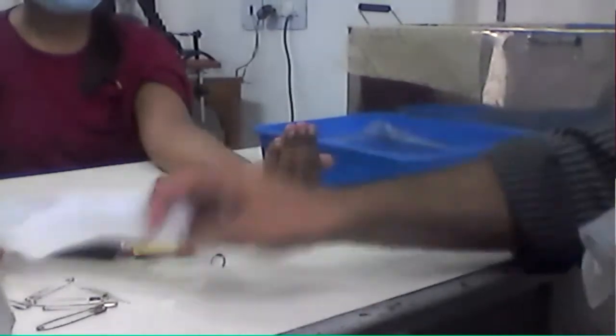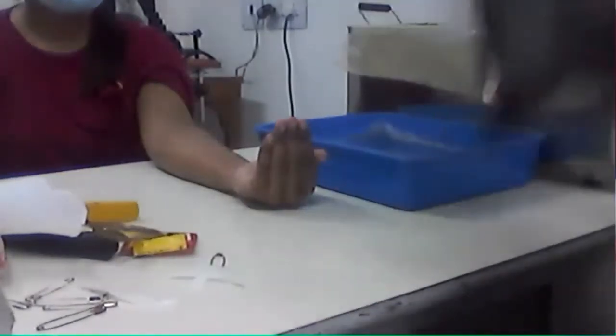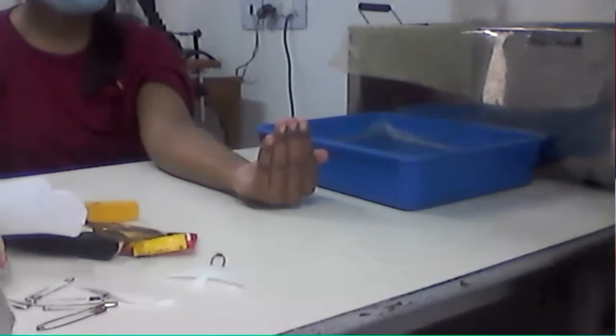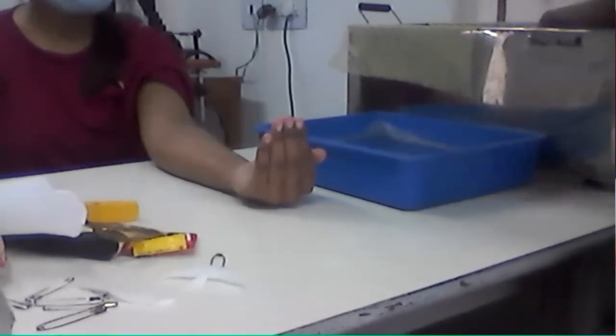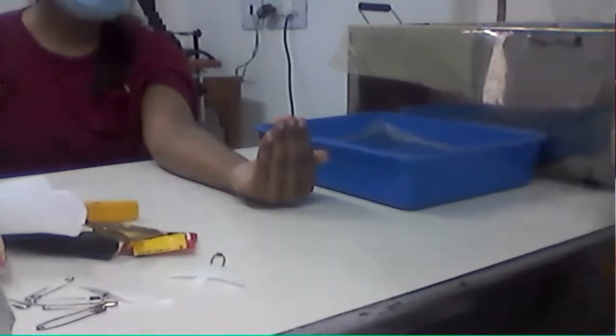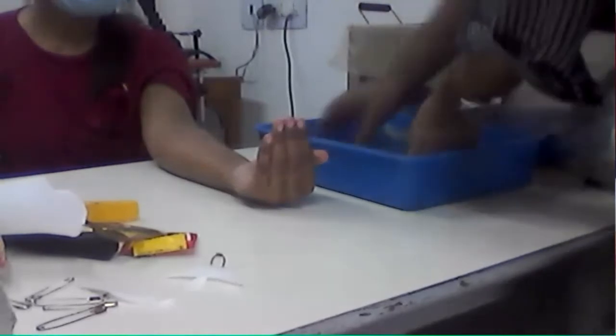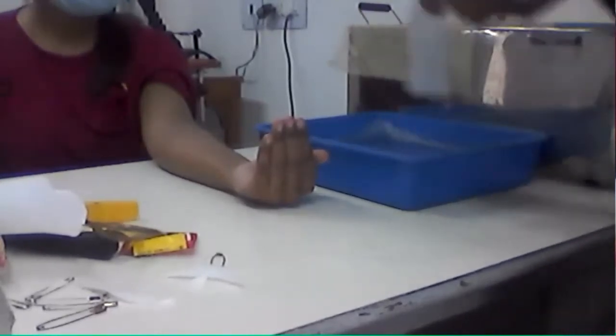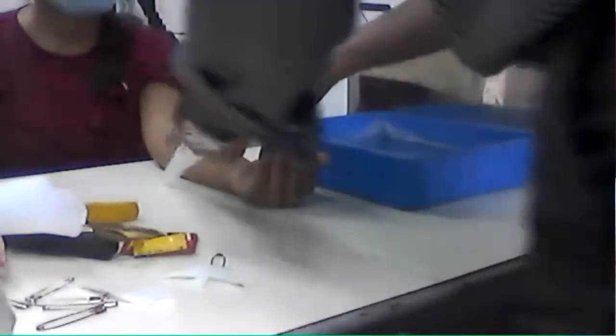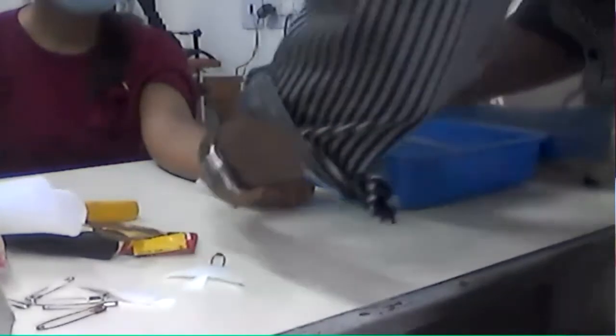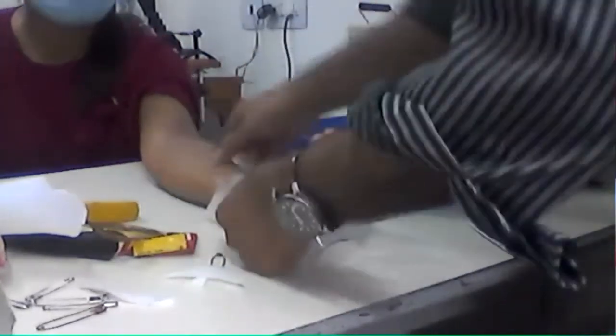Hope you all can see this. Your normal temperature of hand, and then we put it over the hand, something like this.